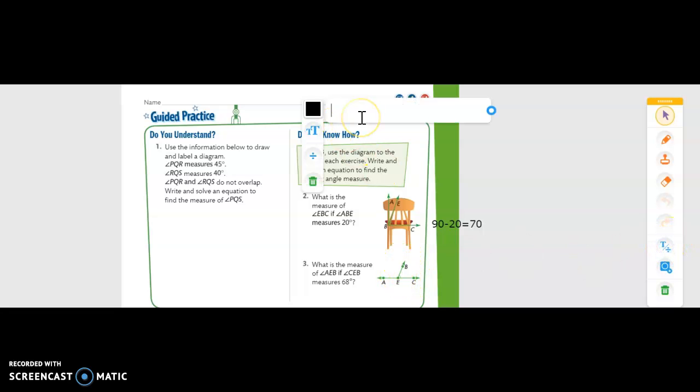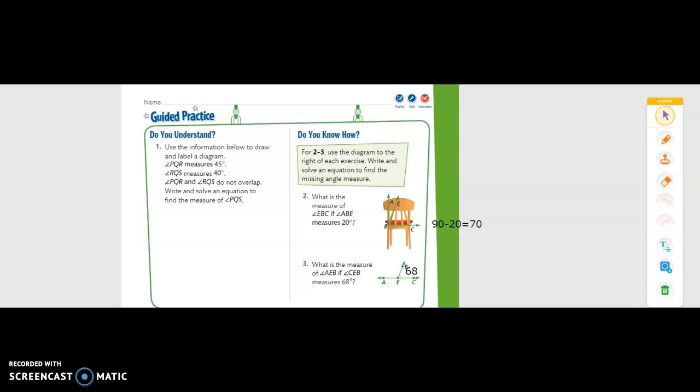So let me just give us a reminder for that. 68 degrees for angle CEB. Now, right away, I recognize that angle AEC is what?